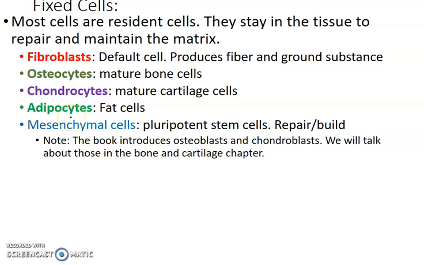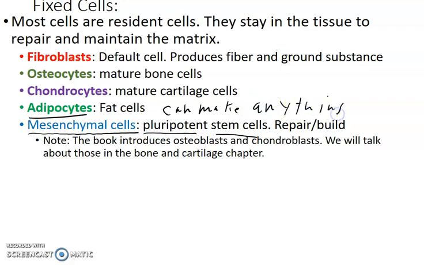Adipocytes, cyte is cell, adipo is fat. And if you Google search and spell it wrong, you're going to get a cute Doctor Who monster, but adipocytes are fat cells. Then mesenchymal cells. These are pluripotent stem cells. Pluripotent means can make anything. They haven't been assigned a role yet.